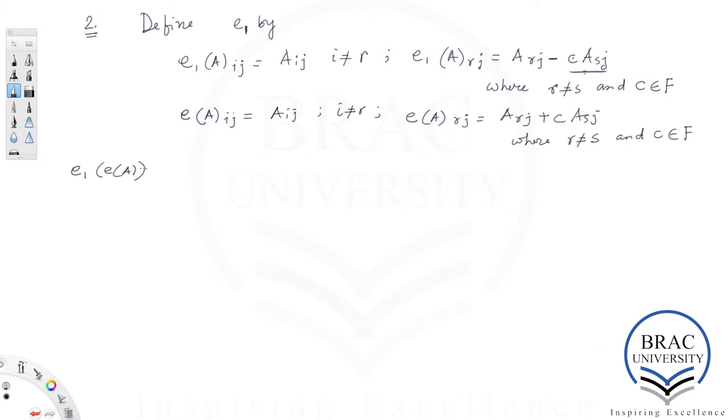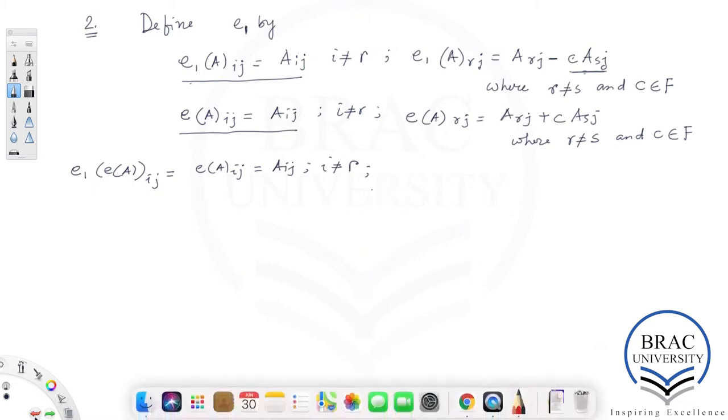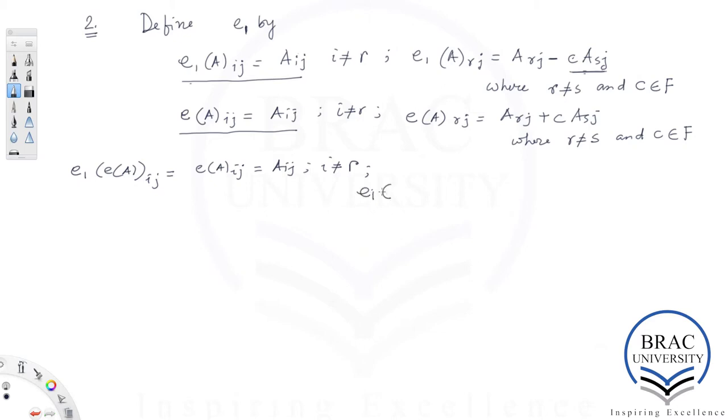so like we did in the case of the first type, E1 of E of Aij, using this definition, is E of Aij, and E of Aij is equal to Aij, right, when I is not equal to R, and E1 of E of Arj, right, is equal to, now we are employing this definition.